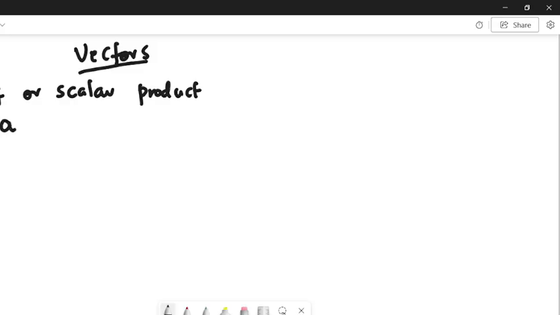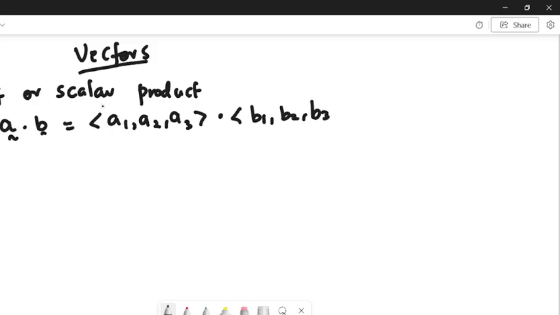So we're going to say A dot B is the same as, if you have A1, A2, A3, those are the components of A, and we are assuming that the components of B are B1, B2, B3.